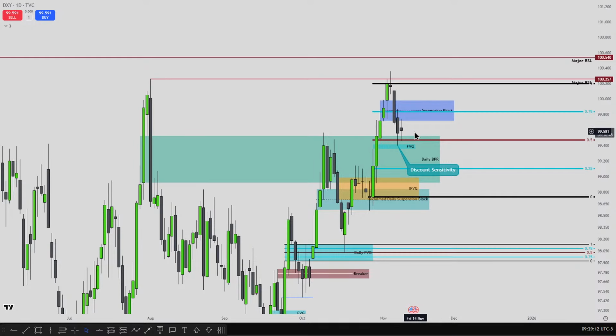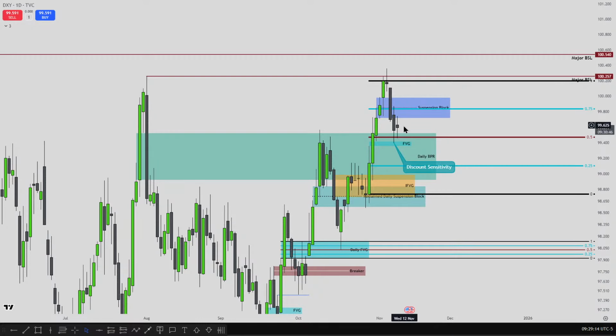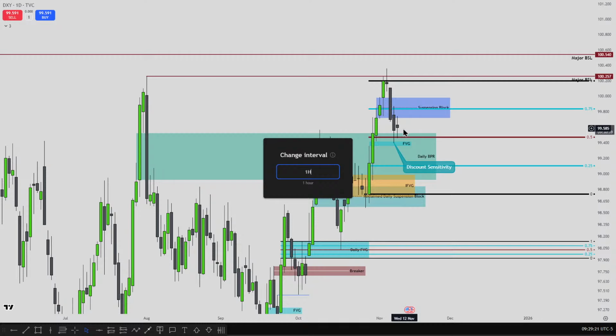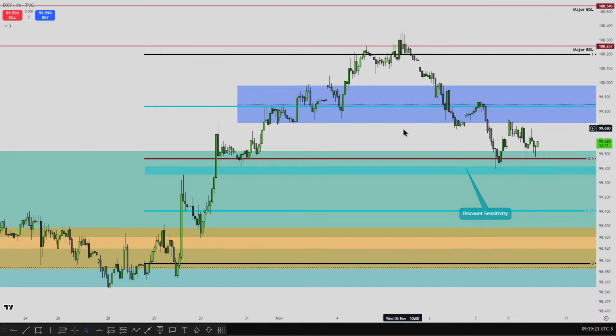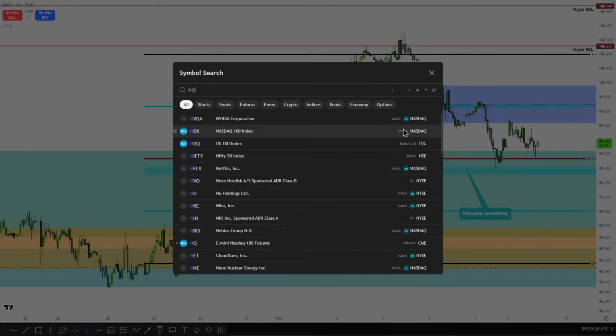So I want to see this trade higher eventually, but I'm not sure if that's going to happen very strongly today because we're on the verge of bank holiday tomorrow. So I'm not putting my bullish bias on the dollar in the way of my Nasdaq trading.